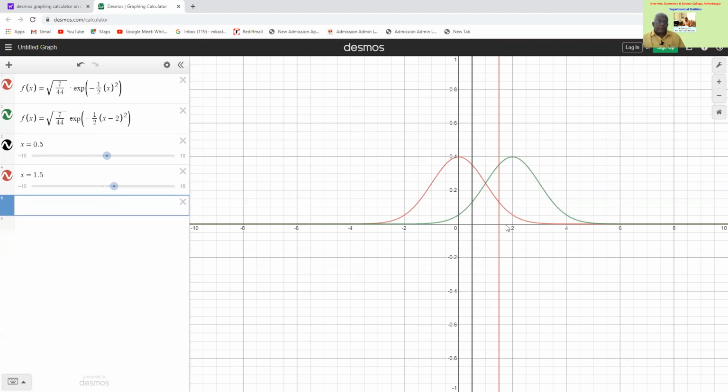And at the same time, data from greenish may be classified to the reddish one. That's the possibility because it's overlapping.